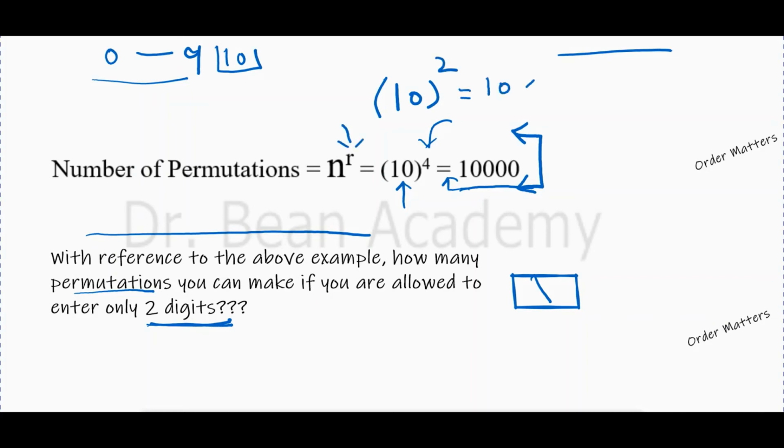So it means 10 multiplied by 10, which is equal to 100. So if I steal your mobile phone and you set a 2-digit code on it, I can easily unlock it by trying 100 times at most if I am unlucky. So I can make the combination.